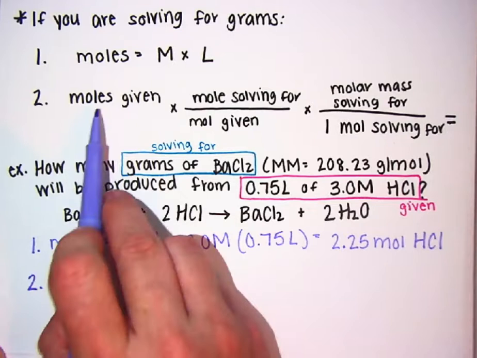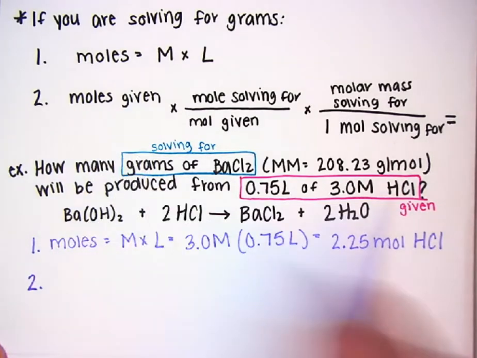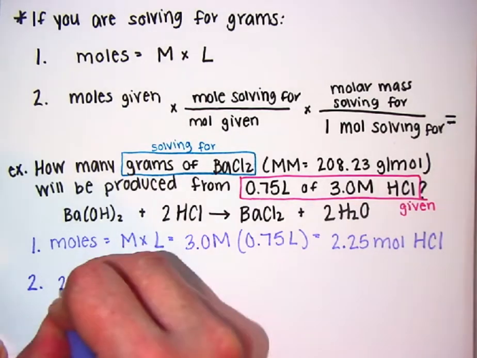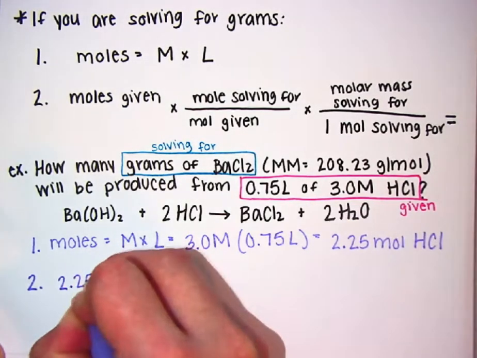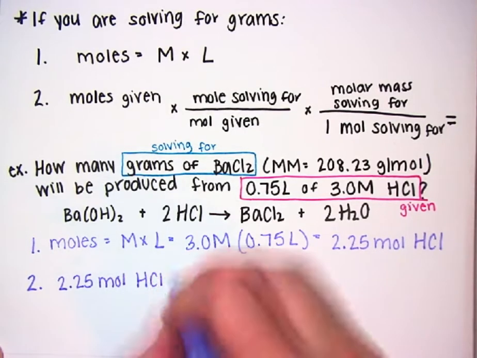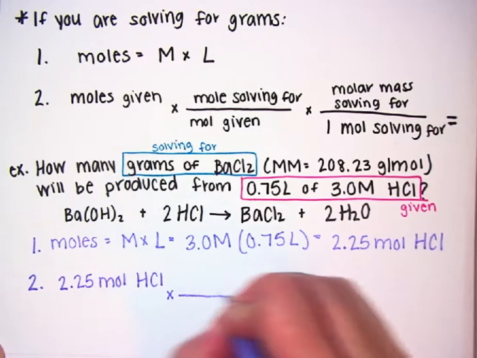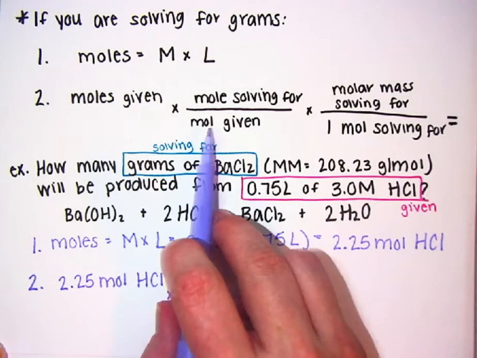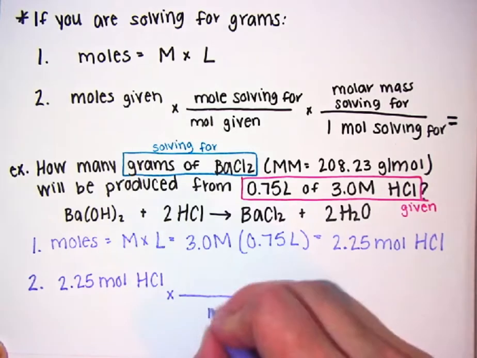Step number 2, we're going to start with moles of the given. My given is HCl, and I calculated 2.25 moles of HCl. In the denominator is going to be moles of the given.